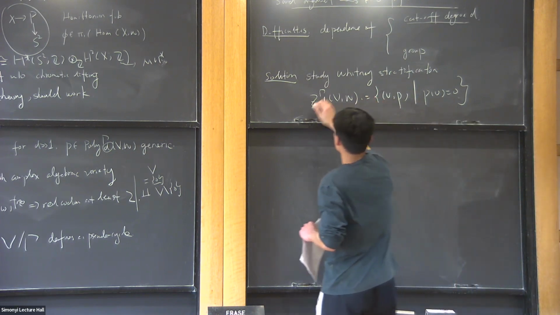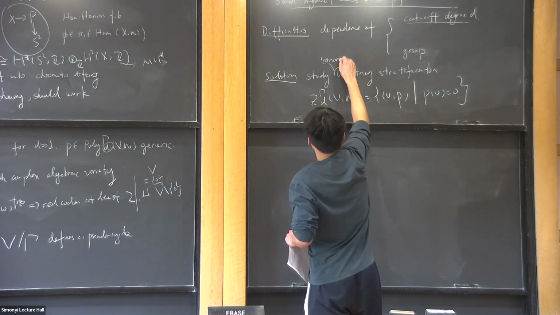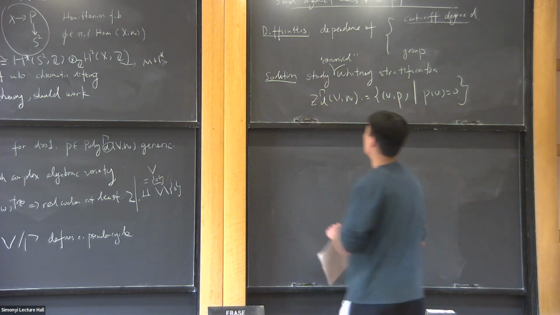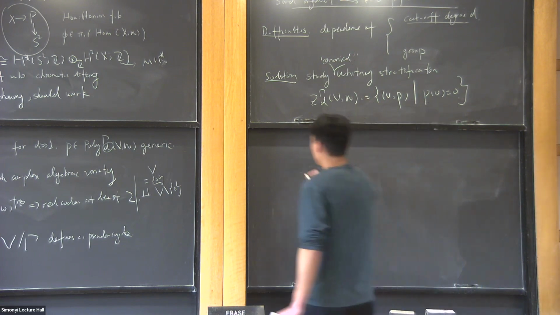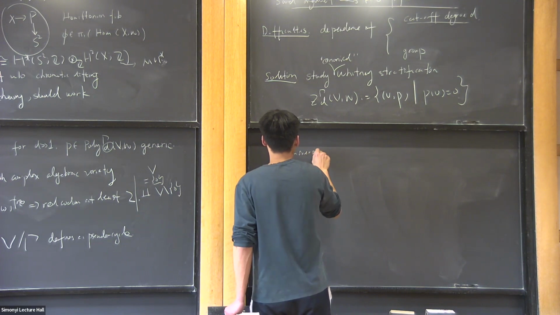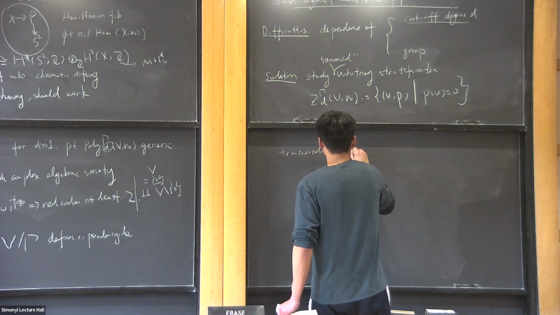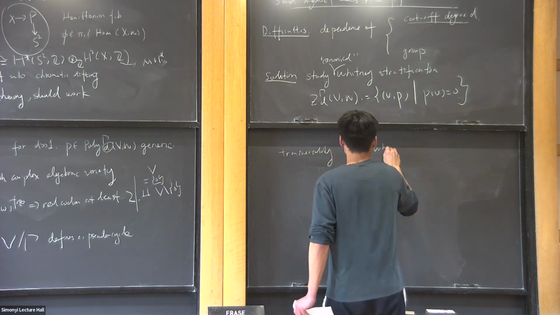So we call this a canonical stratification, such that transversality, we need to verify, is actually the version with respect to this stratified space.